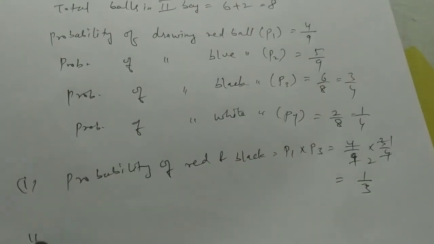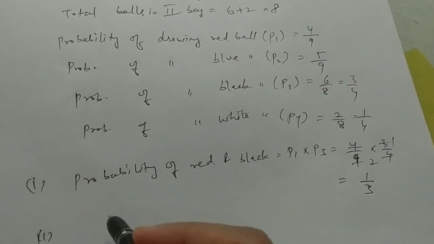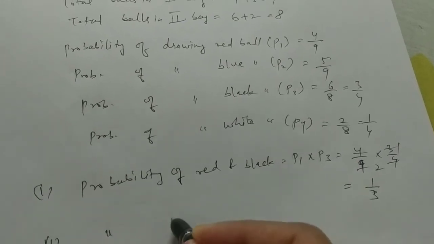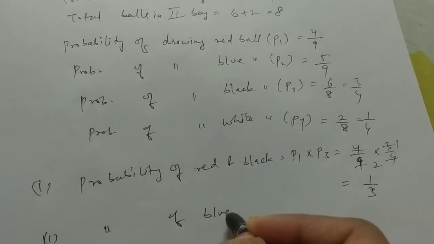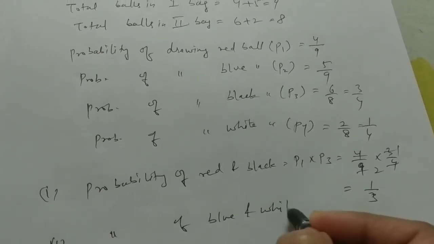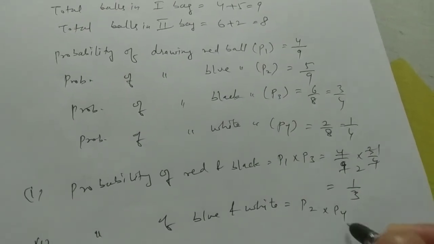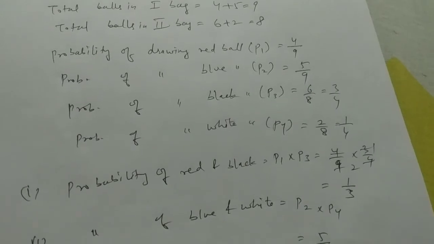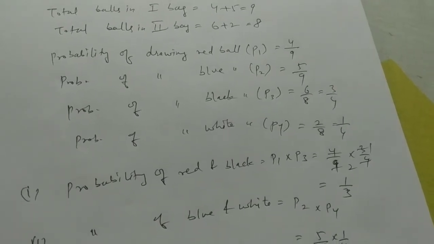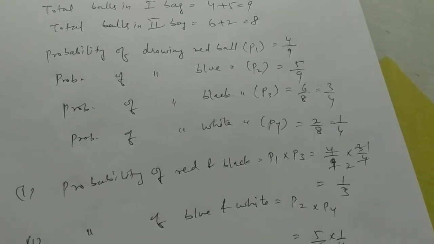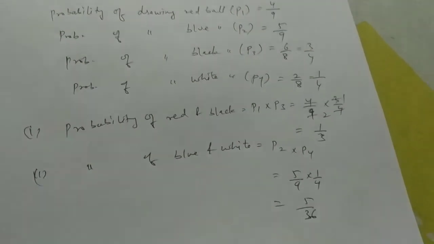Now second, probability of blue and white would be P2 into P4, that is 5 by 9 into 1 by 4, that would be equal to 5 by 36.